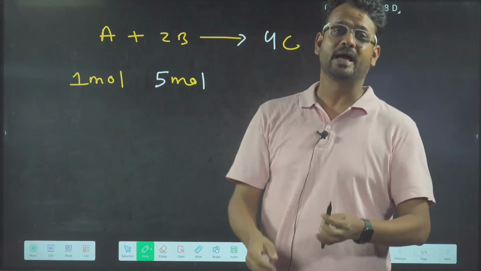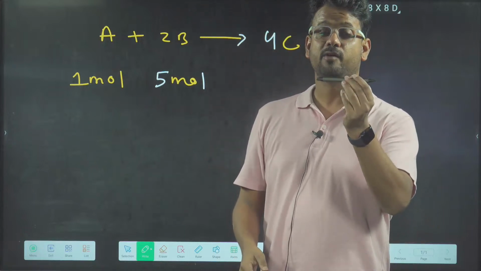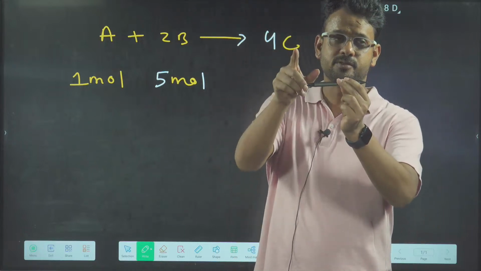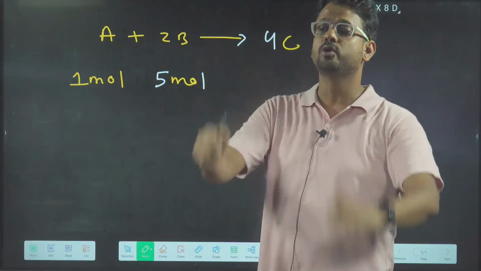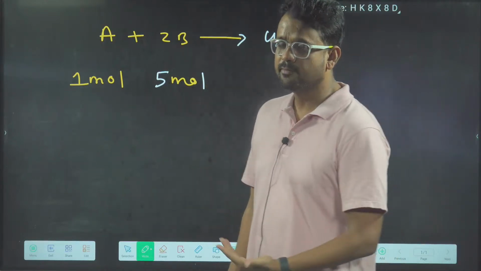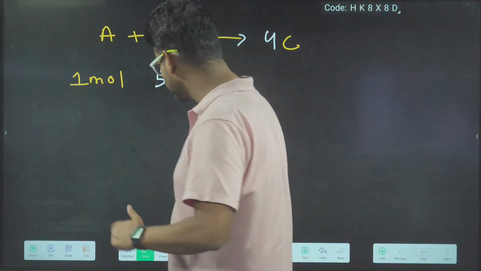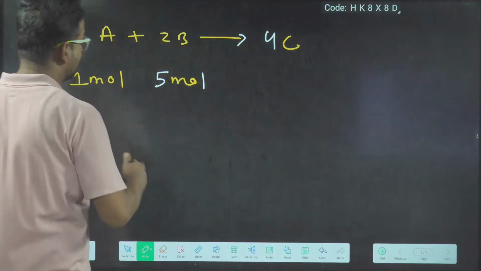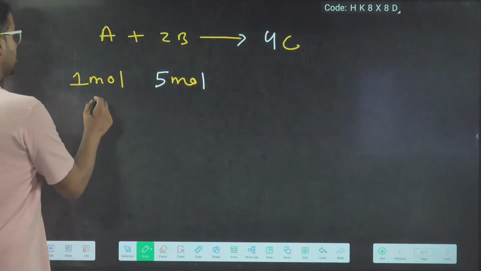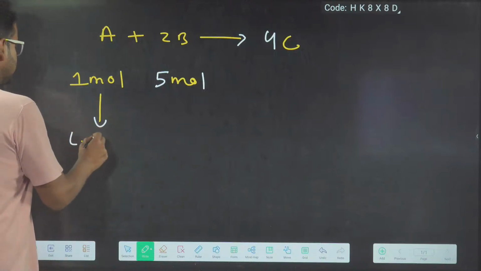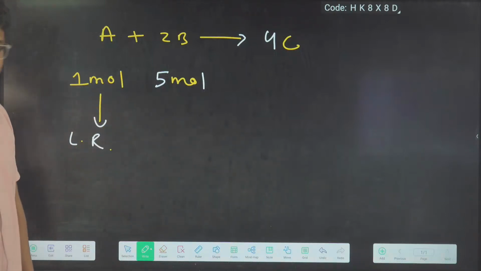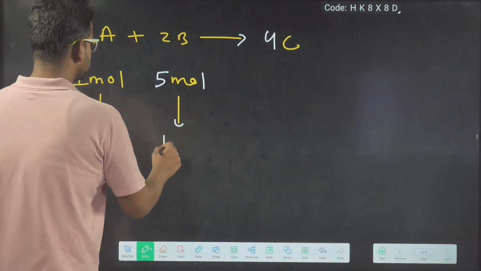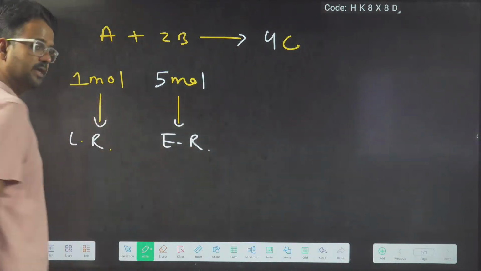I hope you remember that pen example I gave you, that body of pen and 2 caps. Ideal situation should be that for every body there should be 2 caps. But whenever this trend breaks, one of the reagents will be completely consumed. In this case, A was the limiting reagent, LR stands for limiting reagent, and B is the ER, which is the excess reagent.